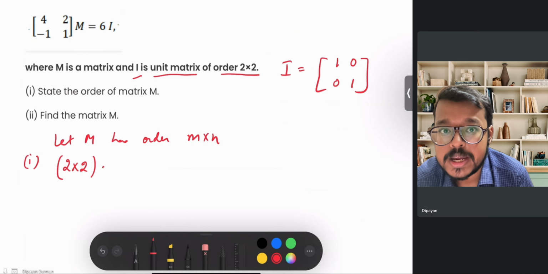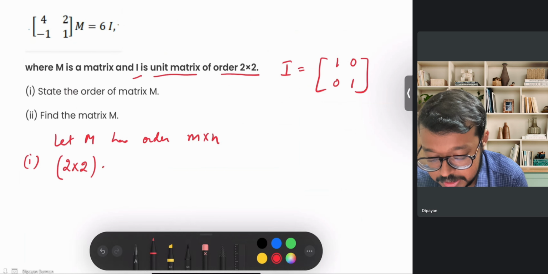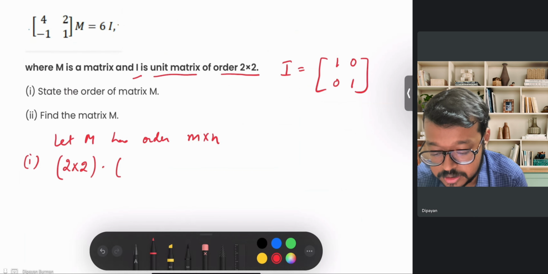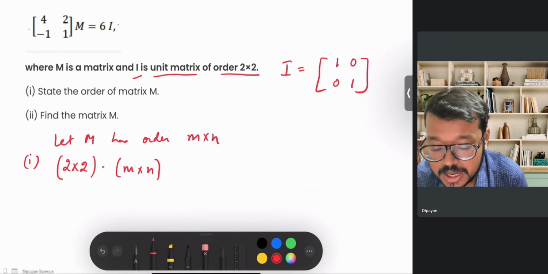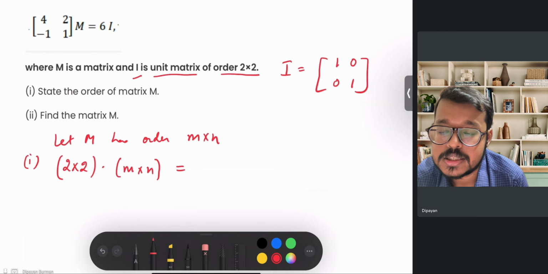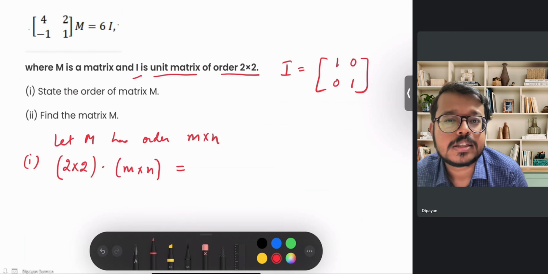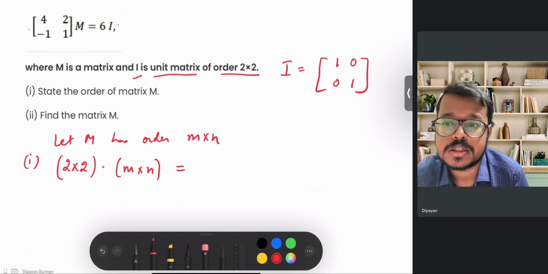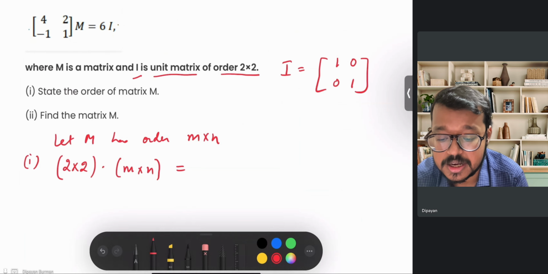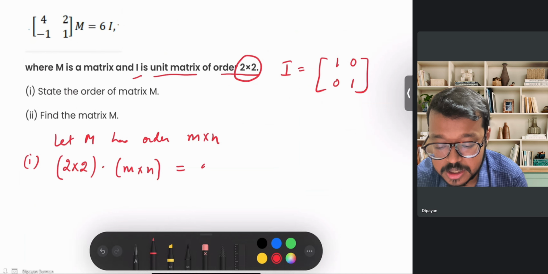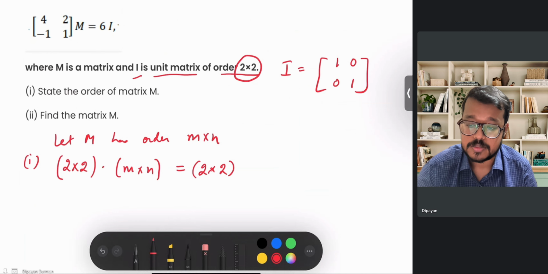So we have a 2 by 2 matrix multiplied by some matrix with order m by n, and the result is 6I. 6 is just a scalar quantity, just a number multiplied by I, and I has order 2 by 2.